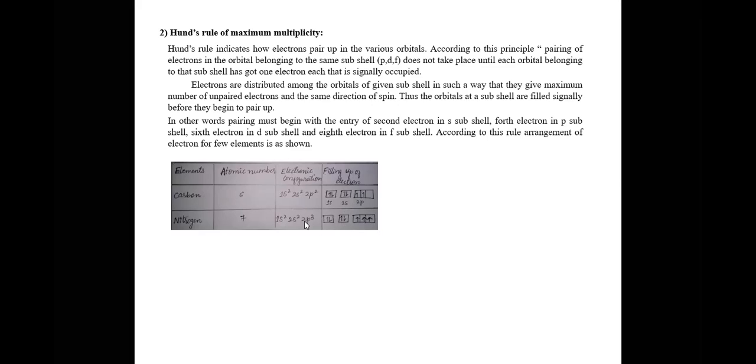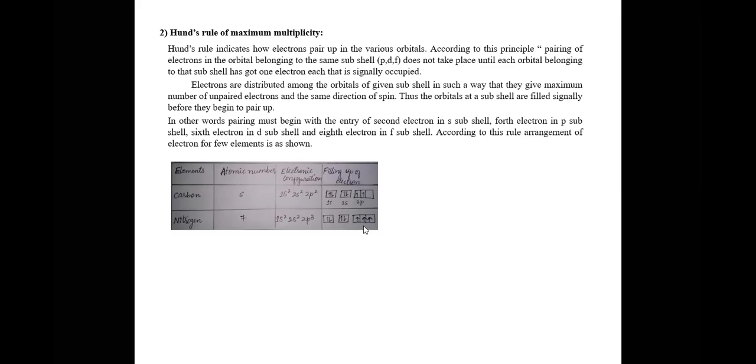In the 2p orbital, we have only 3 electrons. So you have to singly occupy all the orbitals, writing each of the 3 electrons in an orbital of its own. There is no other electron to pair up with these electrons.